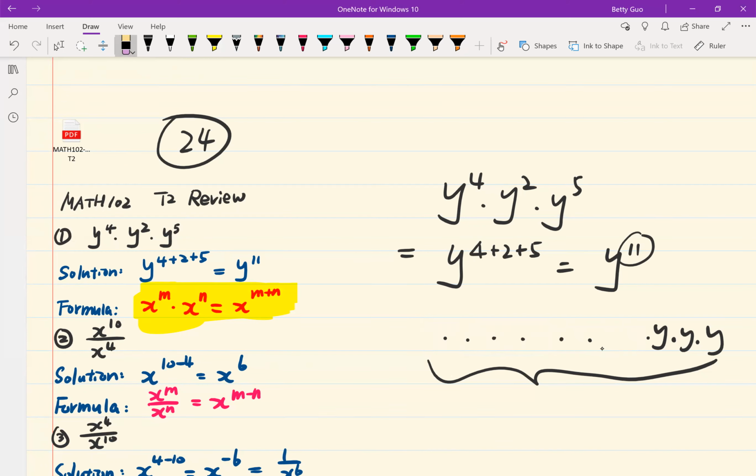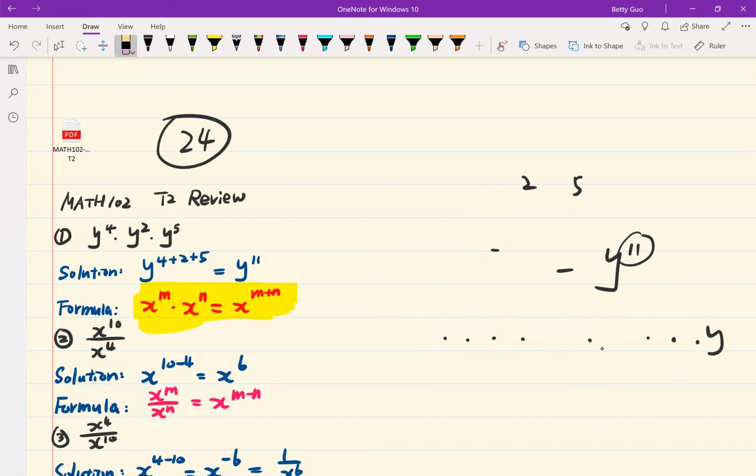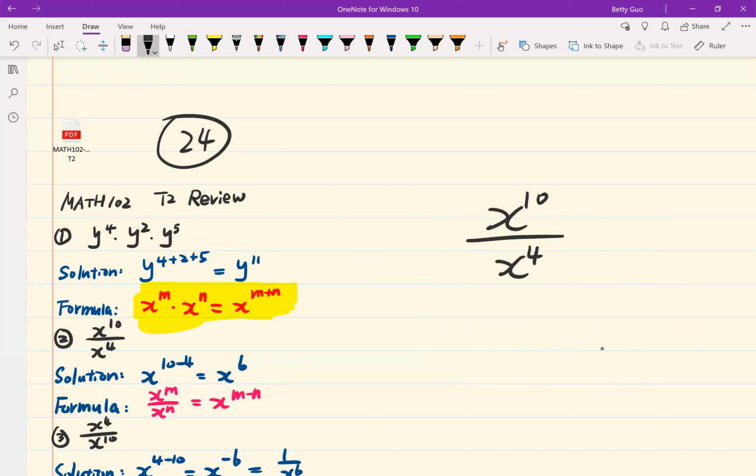Number 2, we are going to simplify x to the power 10 over x to the power 4. Simplify this quotient of 2 powers with the same base.